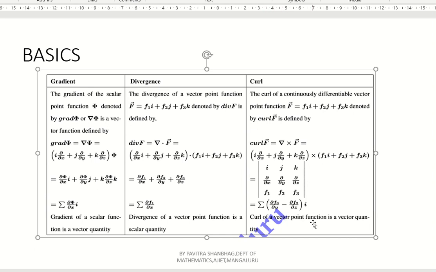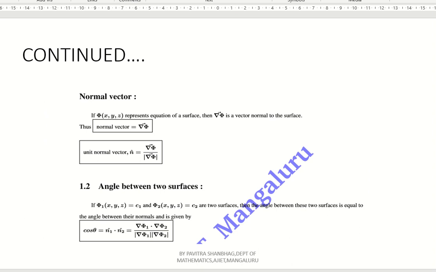So curl of a vector point function is again a vector quantity. Here you can easily compare all three: gradient of a scalar is a vector, divergence of a vector is a scalar, and curl of a vector is a vector quantity. These are the very important basic concepts related to vector calculus.